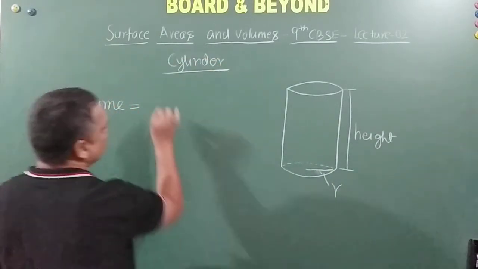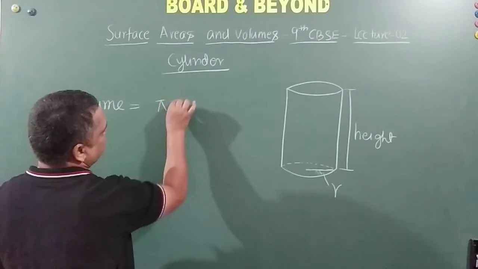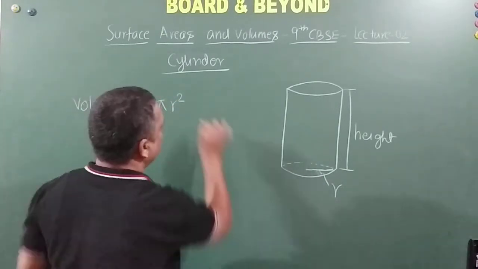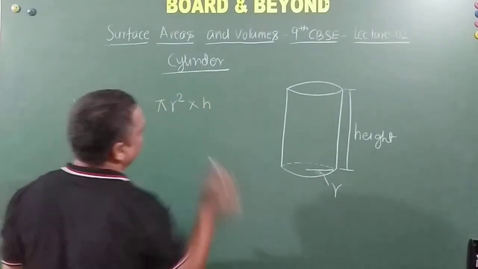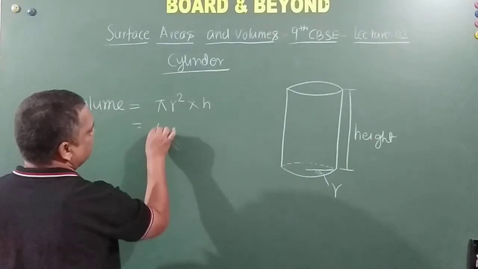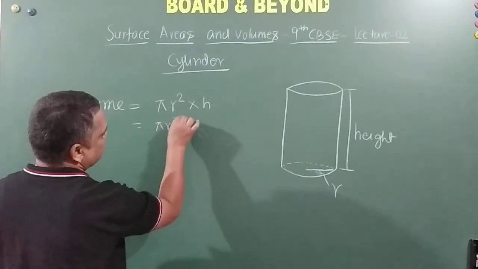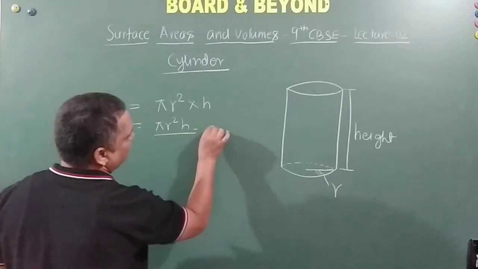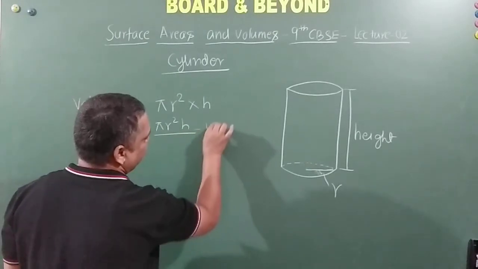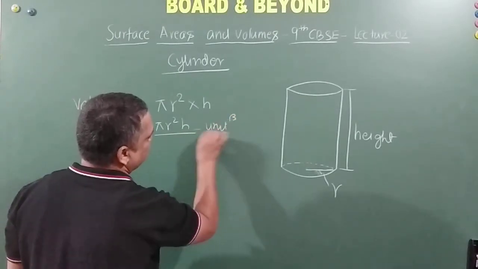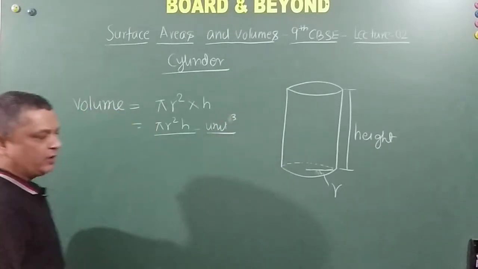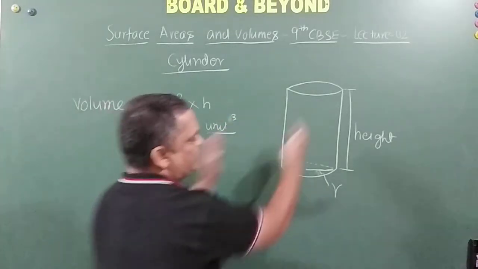Area of base is pi r square, into height is equal to h. So we can say pi r square h is the volume. Since it is volume, it will be unit cube. You got the point? Right.